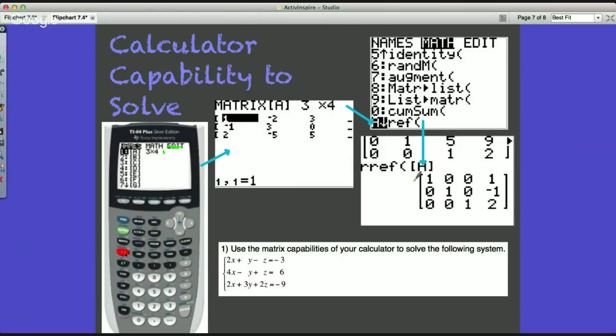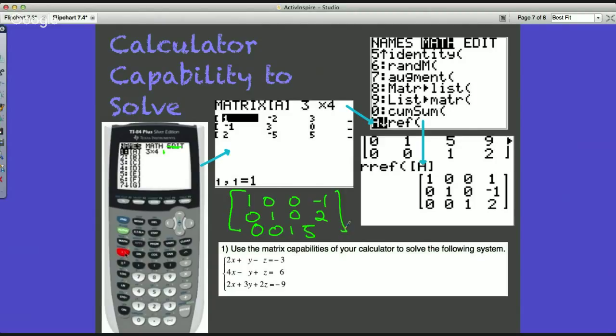As you do that, press enter. This is what is given to me now. In my matrix, when it shoots it back out, I have 1, 0, 0, negative 1. The next row is 0, 1, 0, 2. The next one is 0, 0, 1, 5.